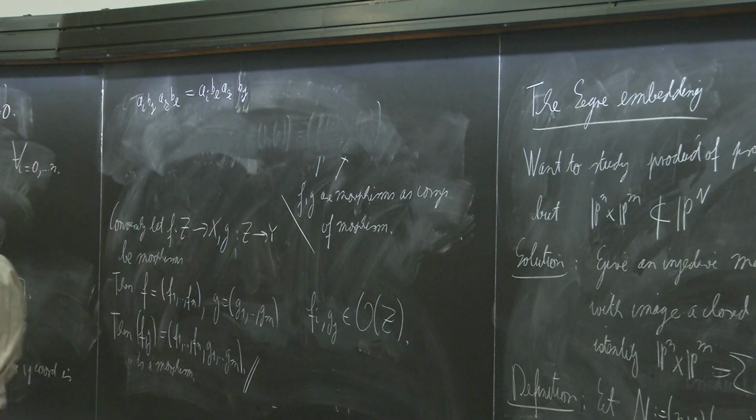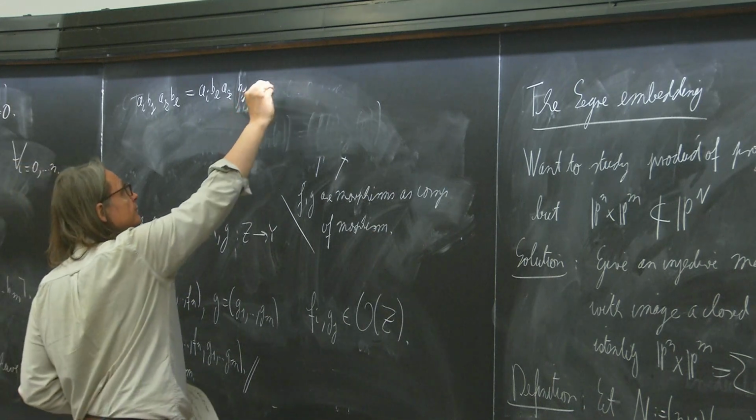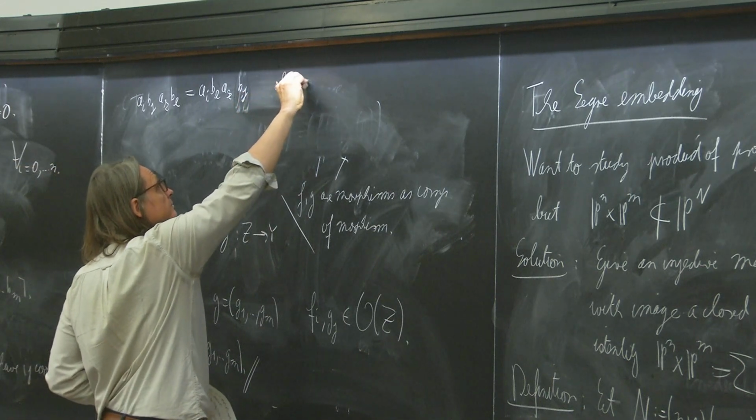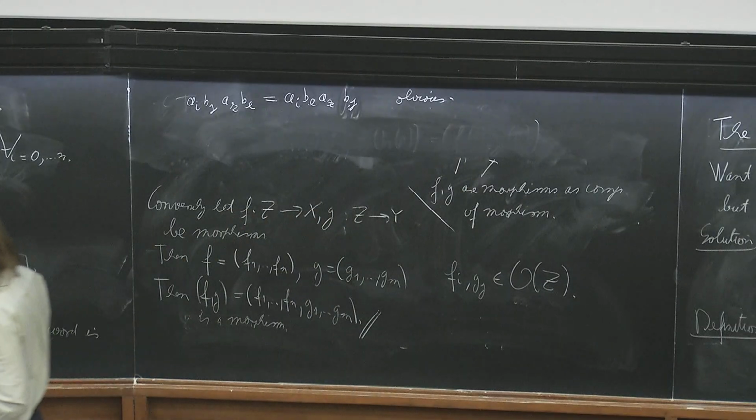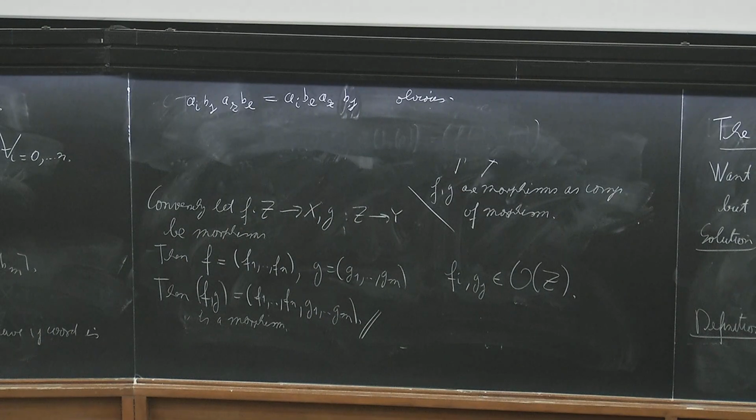And this is trivial because multiplication is commutative. So this is obvious. And so for a point in the image, these relations are obviously fulfilled.